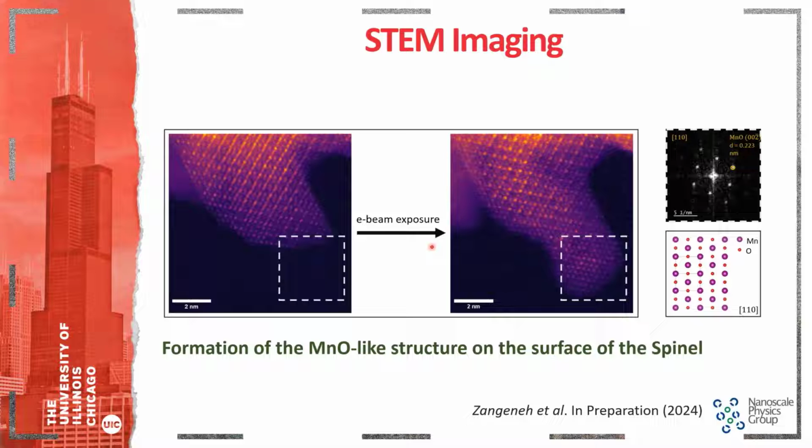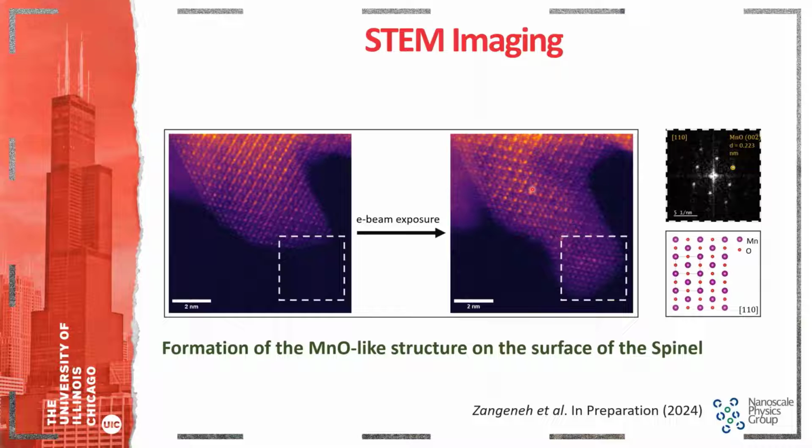In the next part, I bring your attention to the STEM image analysis, which shows the initial and final states of this e-beam exposure. In the first place, if you take a look here, we do not have any such structure, and after being exposed to the electron beam, we can see the creation of the rock salt or cubic phase on top of the spinel structure.